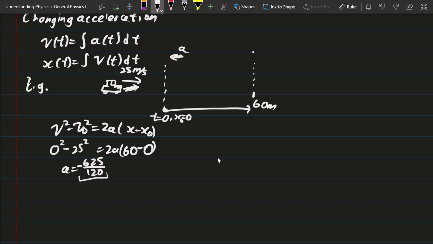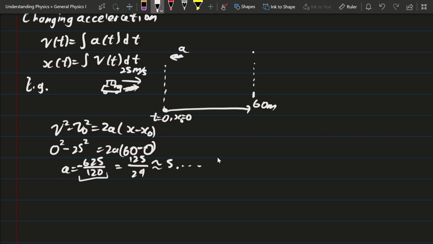Therefore, the deceleration should be more than 625 over 120, or you could simplify this to 125 over 24, which is about 5 point something. So this is our system which we want to model.